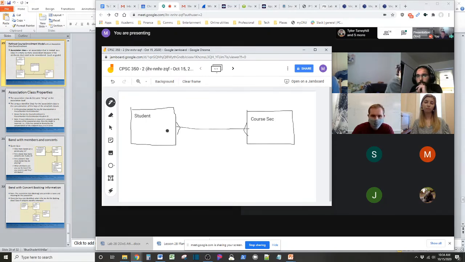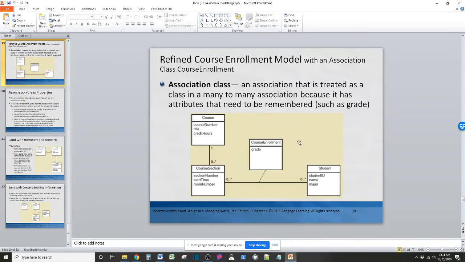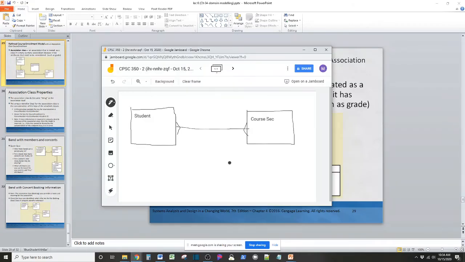And at the association class, you see they have this kind of bump out with the dash connection here. What you do in the ERD, which is different, is you remove this relationship, because as I said, it's not allowed, and you create what's called a linking entity.